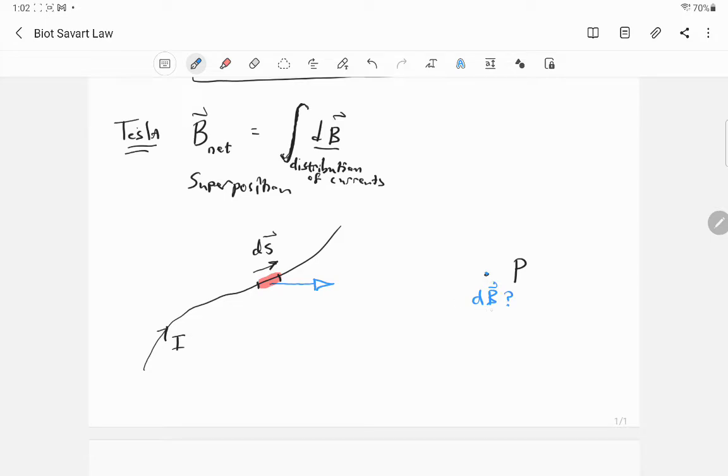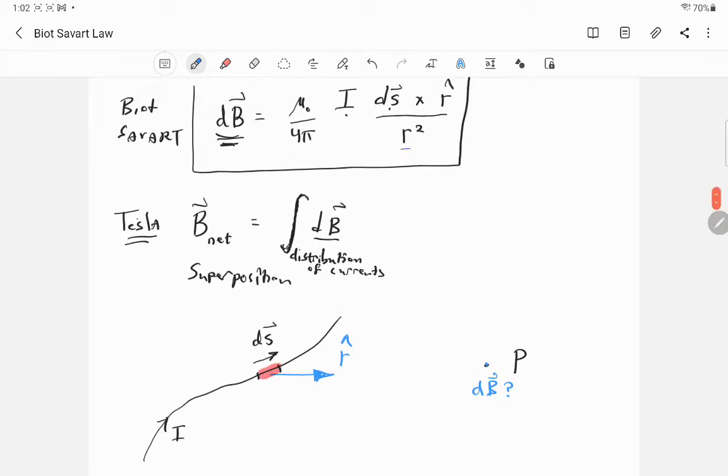So this is the small contribution to the magnetic field from this little tiny segment of current. And the direction from where the current is towards the place I want to know the magnetic field, that's called r hat. That's the unit vector. What about r squared?